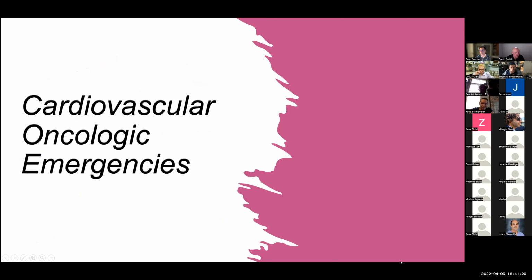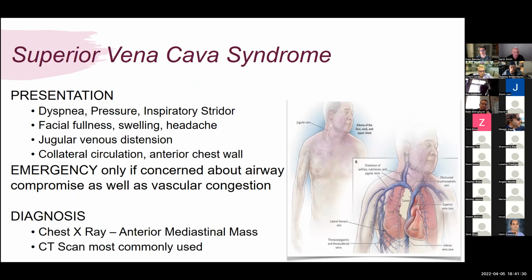Okay, and then cardiovascular oncologic emergencies. Superior vena cava syndrome. I'm going to say that most of the time, superior vena cava syndrome is not an emergency. It's always listed as one of our oncologic emergencies, but it's very uncommon that we actually have to intervene in an emergent way.